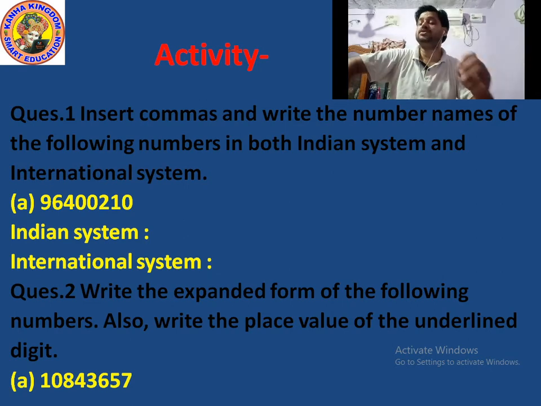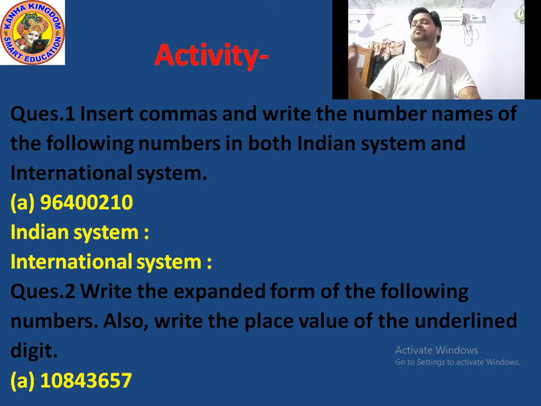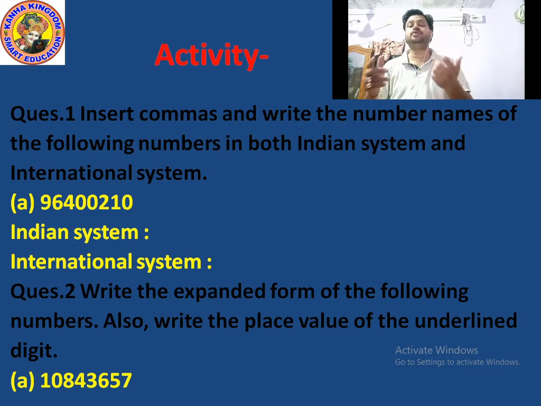Because it is very easy, as the ones period starts on the right. It is easy to find out how many place values, and after how many place values you have to put the comma. Starting from the ones period, you count 3 place values, 1 2 3, then make a comma.